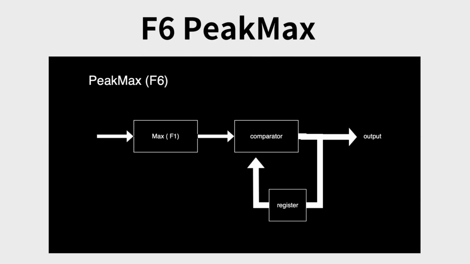Now I will talk about function number 6, peak maximum. In this function, we will first use the circuit of function 1, because in this way we can reduce the circuit area. The output of function 1 will be the input of a comparator, where it will be compared with the previous max and then output the peak max.